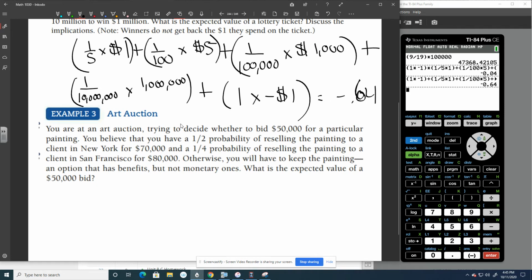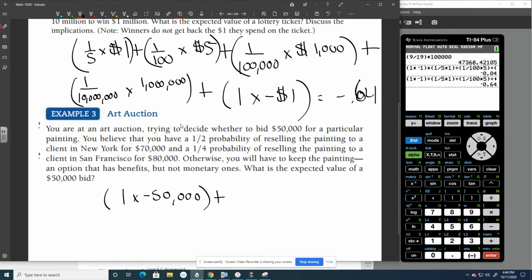So at an art auction, you're trying to decide whether to bid $50,000 for a painting. Well, if I were to buy this painting for $50,000, I've got a 100% chance of losing $50,000. That's going to happen, right?